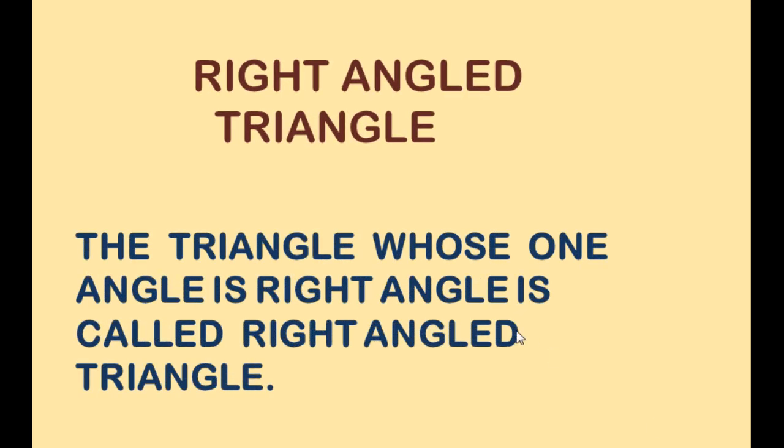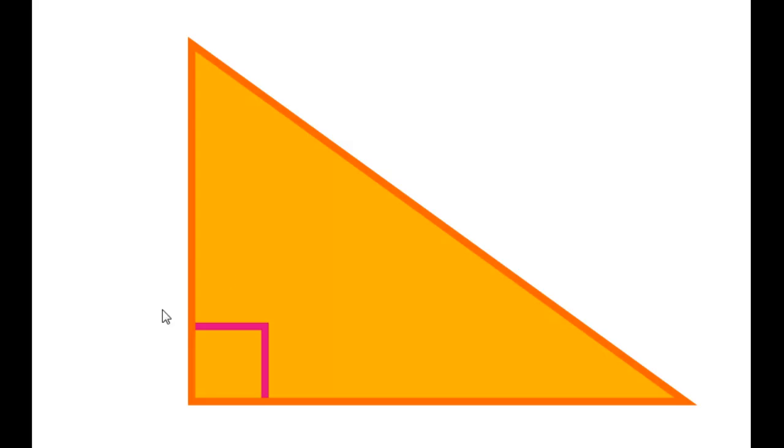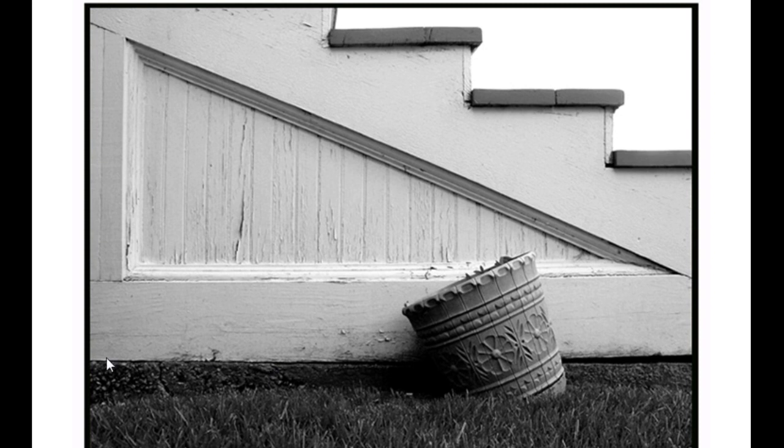Right angled triangle. Right angle, by the name, if a triangle has one right angle, and right angle means if there is a 90-degree angle in the triangle, then such a triangle is called right angled triangle. So let's have a look. Yes, this is a right angled triangle because it is having one angle of 90 degree.